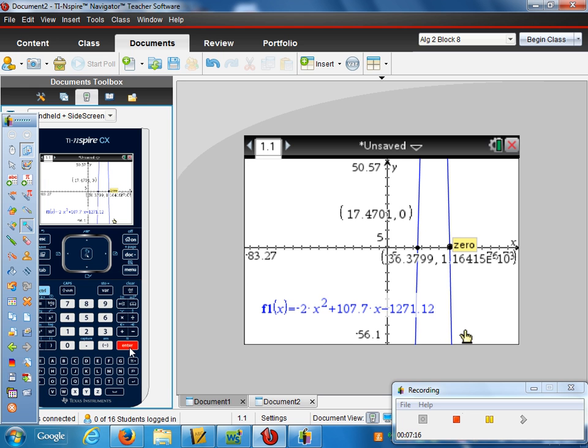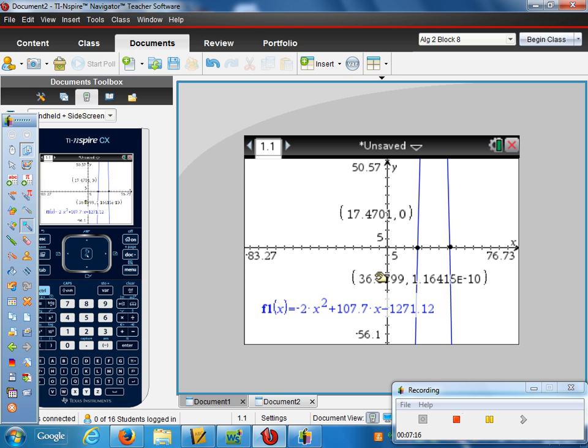And this one turns out to be 36.3799, so what would I round that to? 36.38, yes.